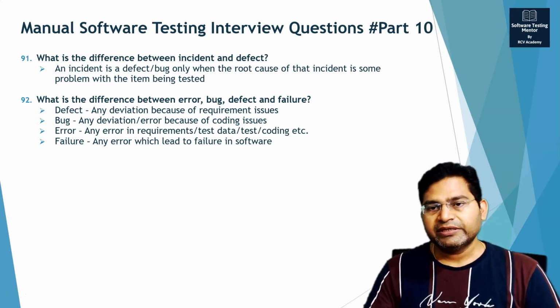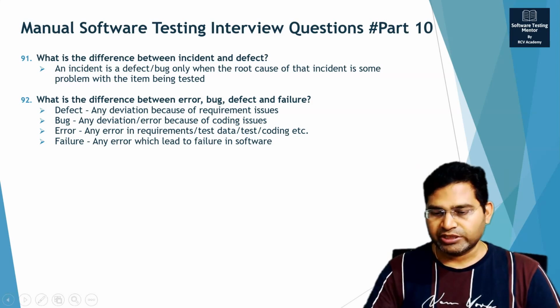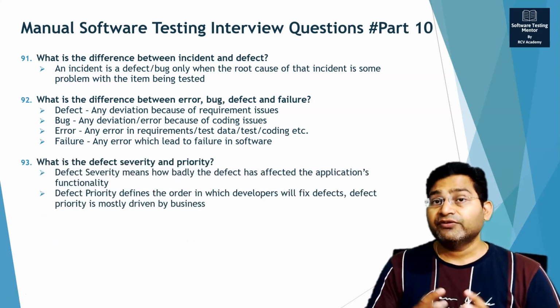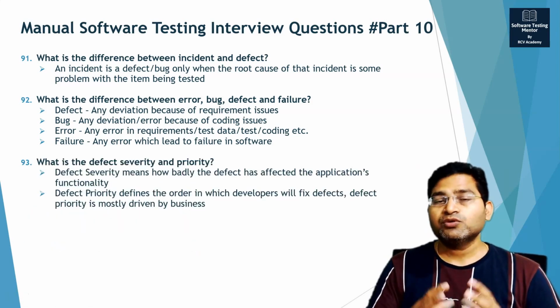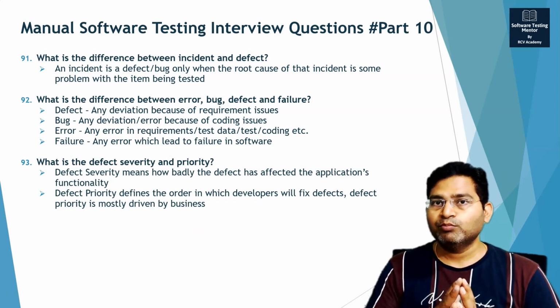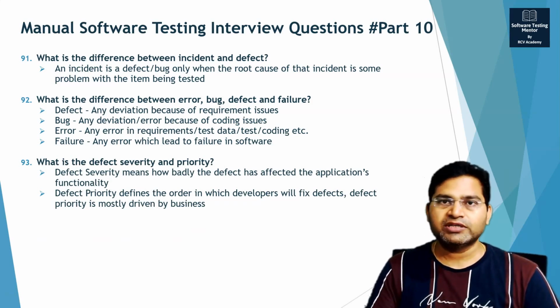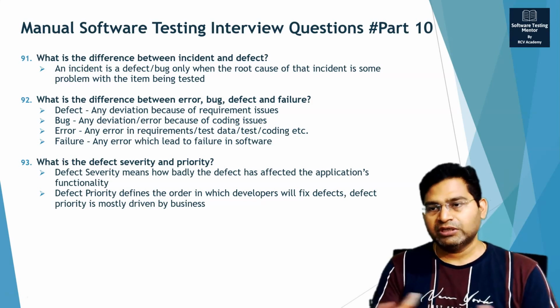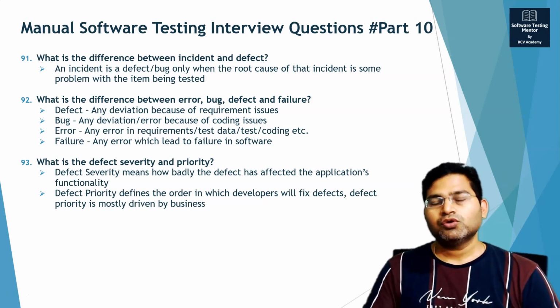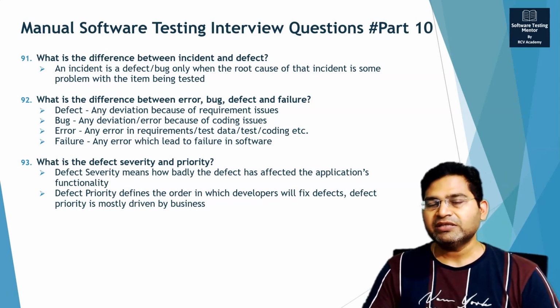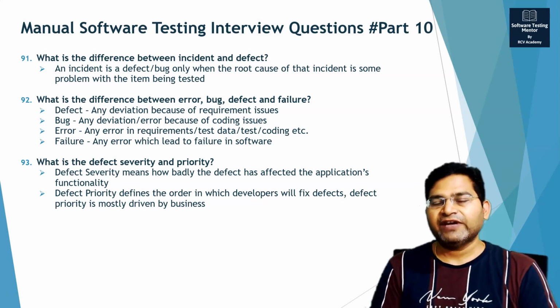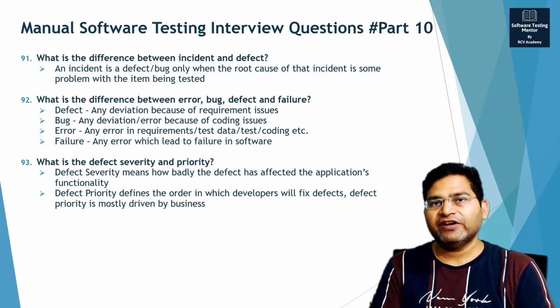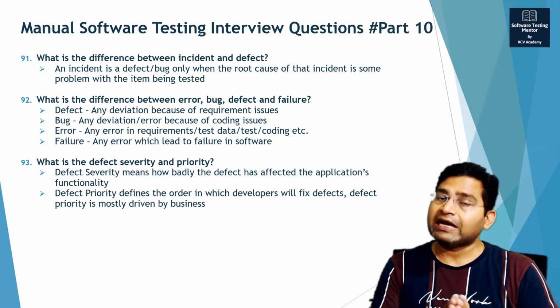Now moving on to the next question, which is the 93rd question. What is defect severity and priority? Very important question. In most software testing interviews, wherever you go, you'll definitely be asked this question. Defect severity means how badly the defect has impacted or affected the functionality of the application.